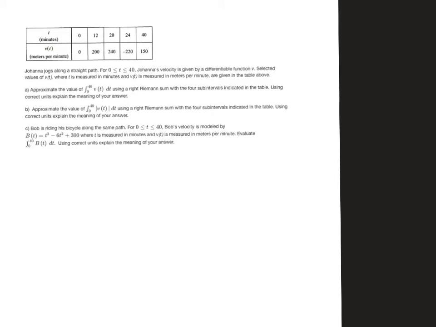So again, whenever I do a Riemann sum from a table, I like to draw the picture. Just makes my life easier, I think. So at 0, we're at 0. Then at 12, we're at 200. So not in any way to scale here, just giving me something to be able to visualize. At 20, we're at 240.